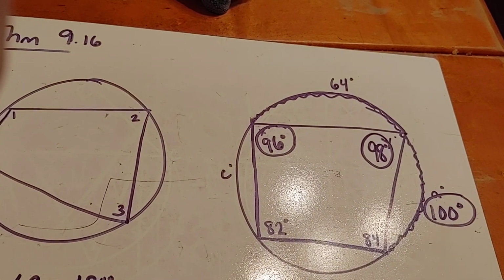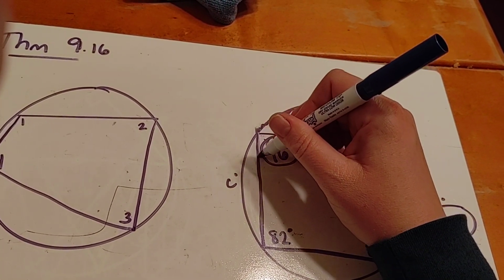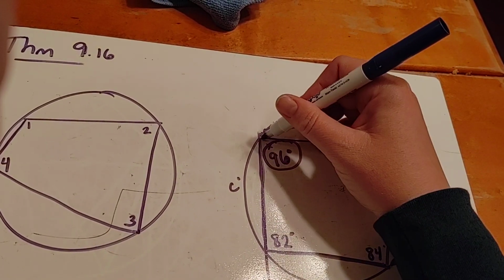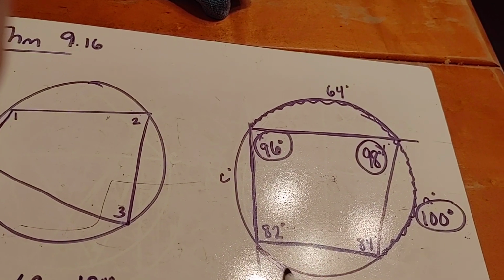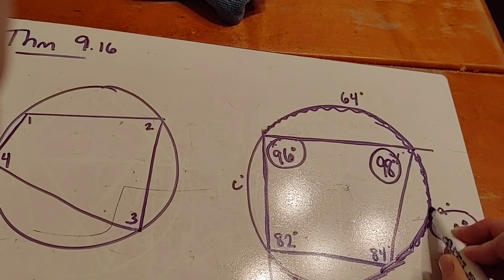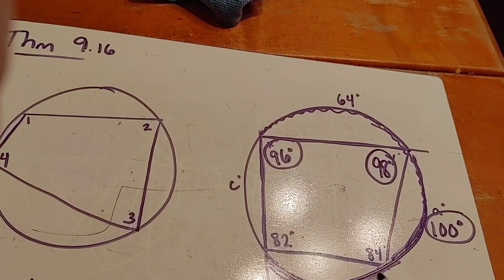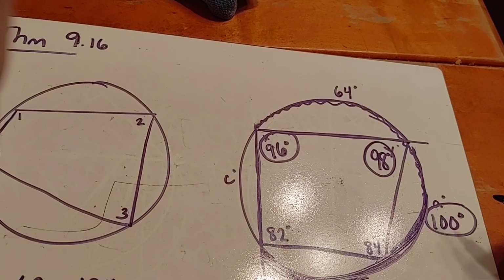All right, what angle do I want to use next? Let's use this 96. This 96 degree angle is inscribed, and it opens up to this whole arc right here. All right, what is 96 times 2?